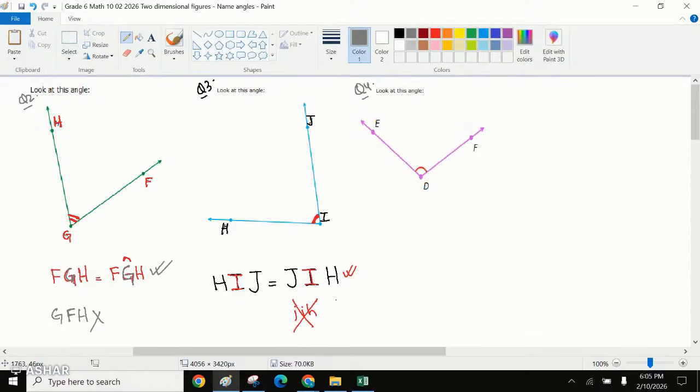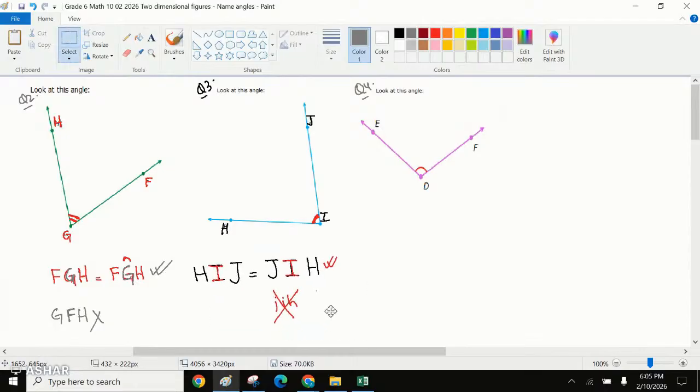Thank you, Princely. Okay. Let's see what can be the answer over here. We have D, E, and F. So can I say D, E, F is my answer? Since we had to find the angle D, this would not be possible because D has to come in the middle.